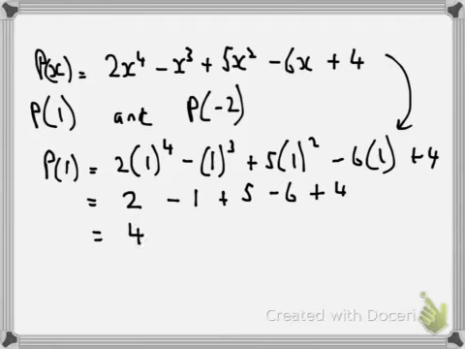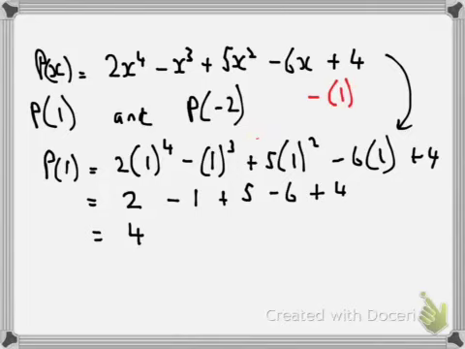Just pointing out here, and I might change pen colour for a moment so it stands out a bit more. Worth noting, got to be careful this year because negative of 1 cubed is negative 1, but actually that's not a good example. I might use another example.